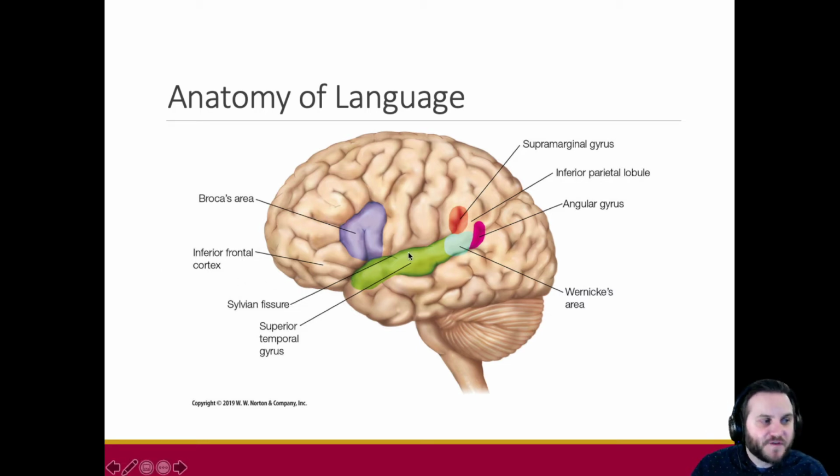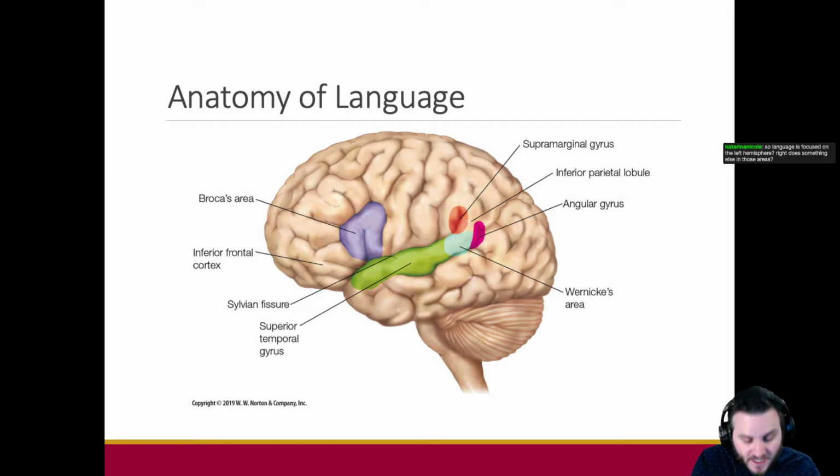The Sylvian fissure here is not called a sulcus because it's deeper than a sulcus. The fissure does separate the lobes, but there's also this idea that they are connected along this fissure. So there is something to be said about the development of language in this area of the brain.